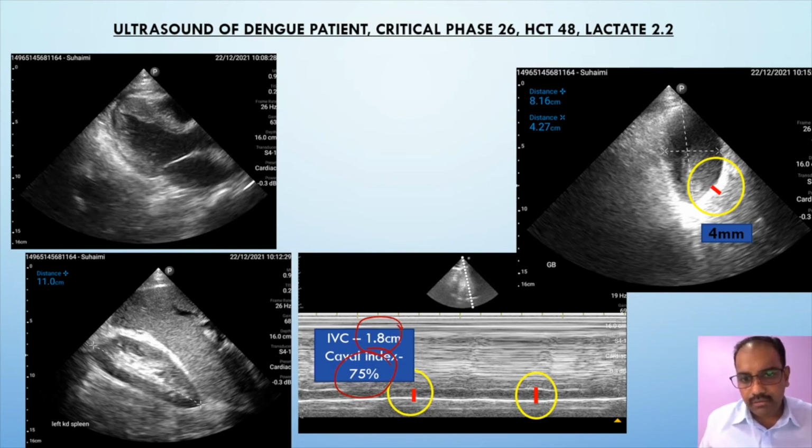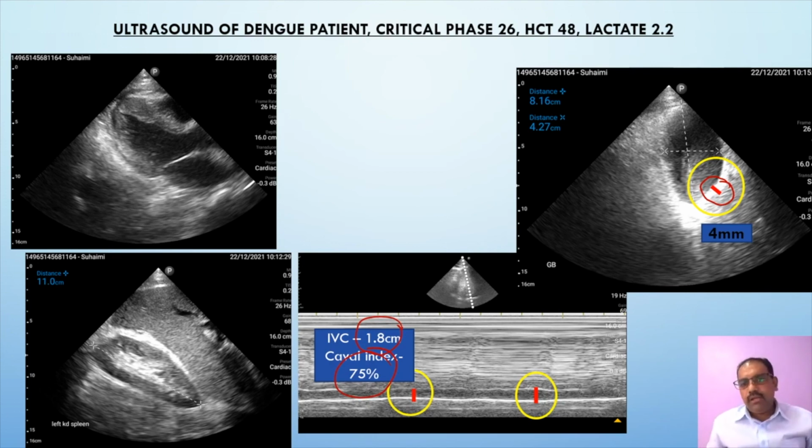So I did a gallbladder scan, and the wall measured is 4 mm, which suggested that this patient has a higher tendency to go into shock if we don't appropriately resuscitate, and to measure the IVC after the resuscitation to look at the IVC collapsibility.